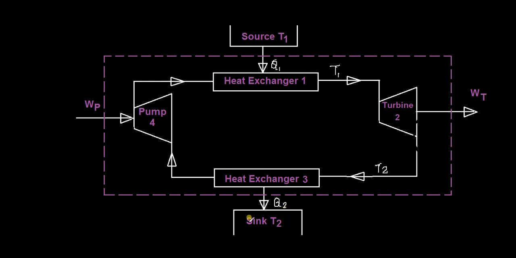This is a heat sink, which absorbs the heat from the heat exchanger, and the sink is at a temperature of T2. Obviously, the heat is discharging to T2, and therefore T2, the temperature of the sink, is lower than the temperature of the source, i.e. T2 less than T1.